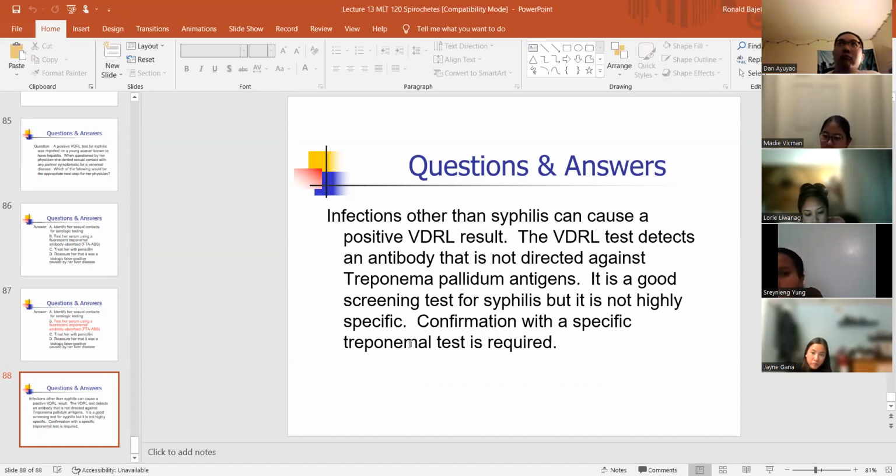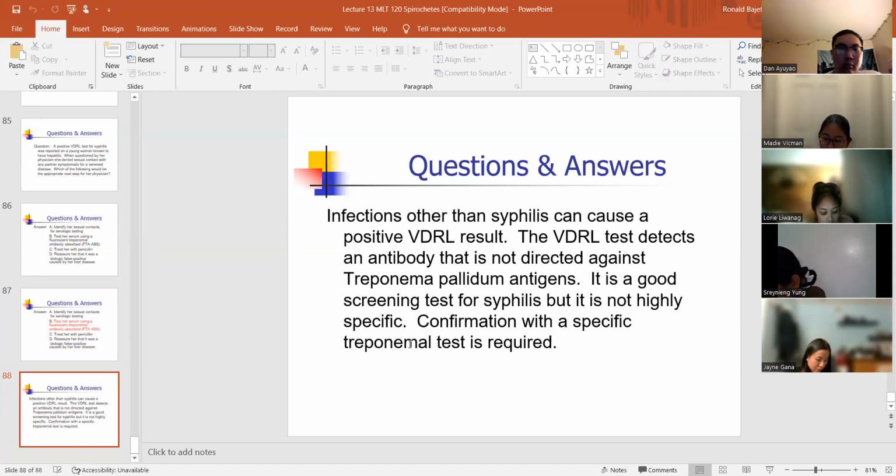If the patient has a connective tissue disease, or what's called Sjogren's syndrome, or lupus anticoagulant. So lupus, connective tissue disease, or Sjogren's syndrome, those diseases will cause you to have a positive RPR.